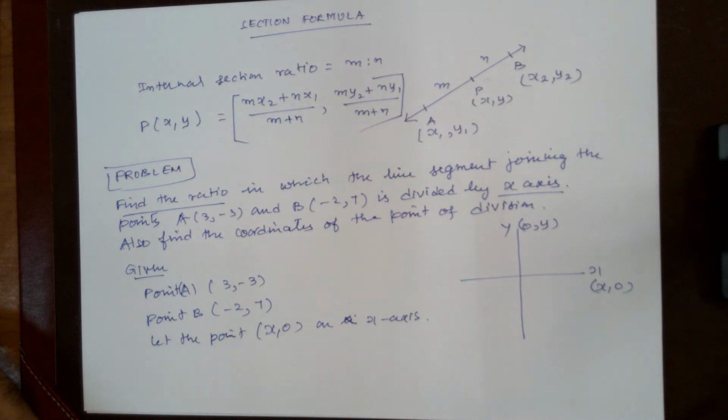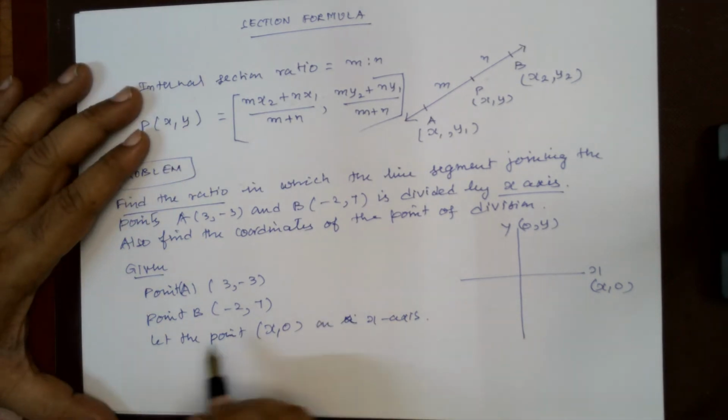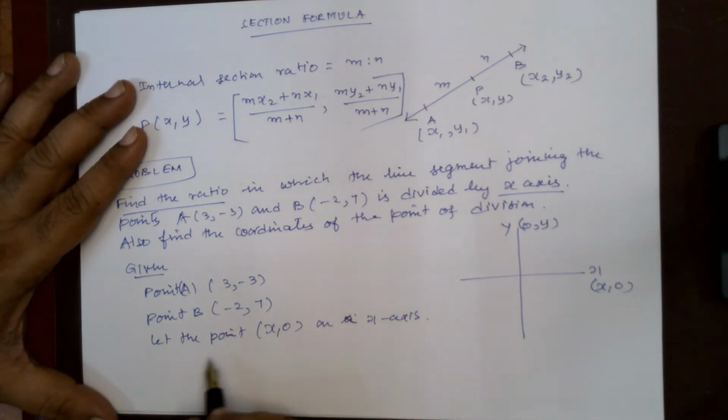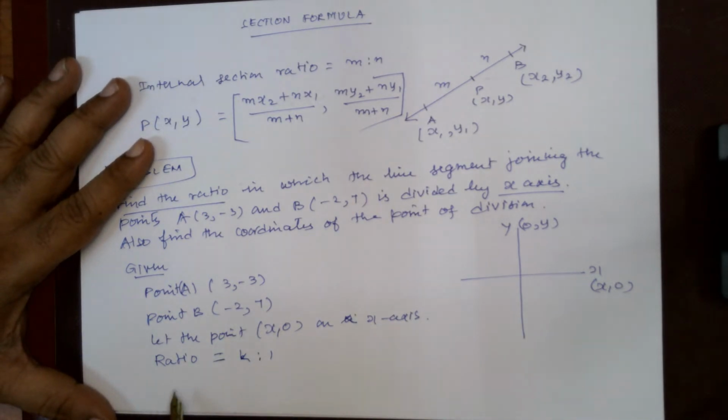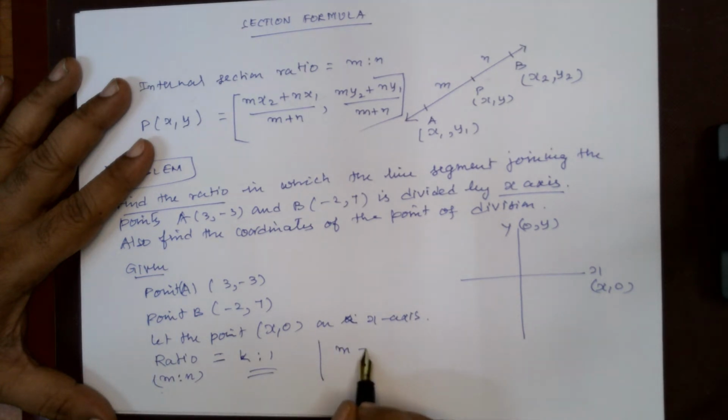Let us assume this is in the ratio k is to 1. So k is to 1 means m is to n is equal to k is to 1. It means m is equal to k, n is equal to 1.